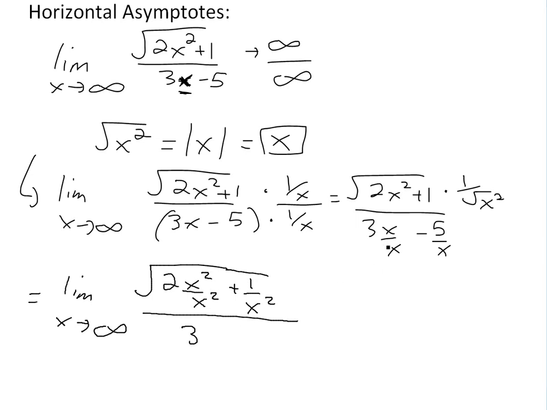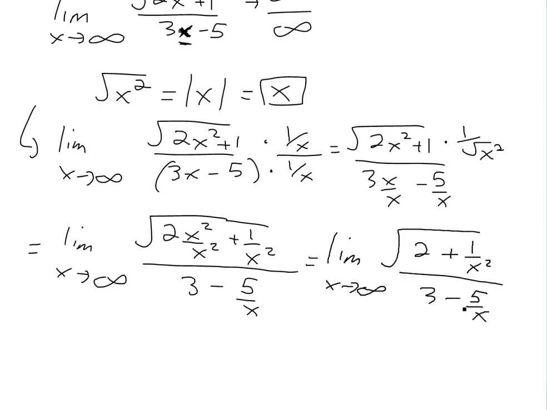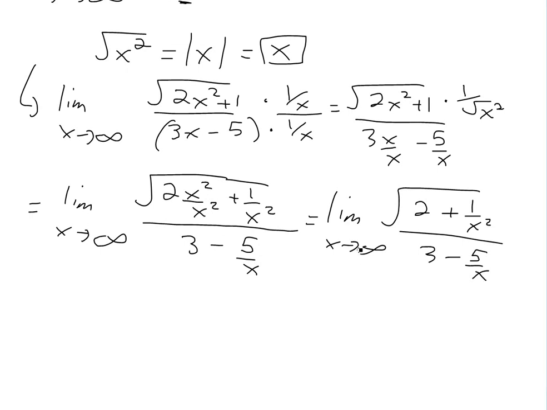Now we just simplify this: 3 minus 5x, the x's cancel, and we can simplify further by canceling the x squared. We get the limit as x approaches infinity of the square root of 2 plus 1 over x squared, all divided by 3 minus 5 over x. So now we can put a really large number in x squared and in this x, and in both cases you're approaching infinity, so you're approaching 0 on the top and 0 in here.